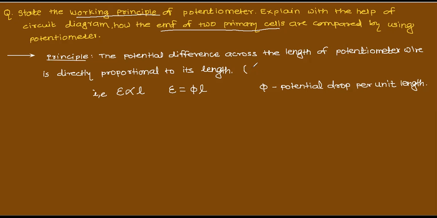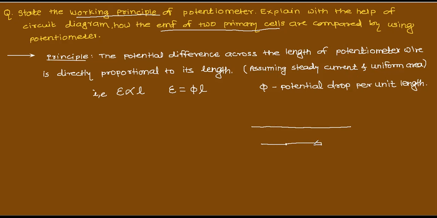In bracket you can write: assuming steady current and uniform area of cross section of wire. Whatever the wire is, it should be of the same area of cross section. If this is a wire, it should be like this only. Otherwise it becomes a little big in between, and then bigger again.